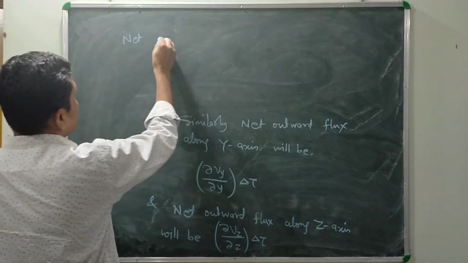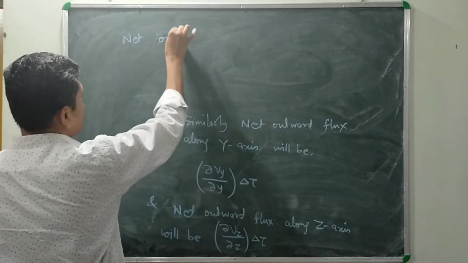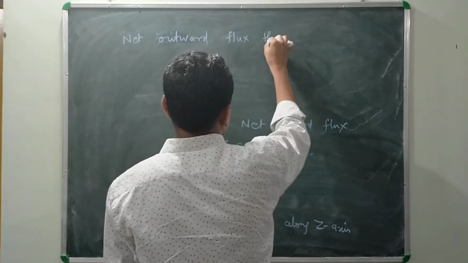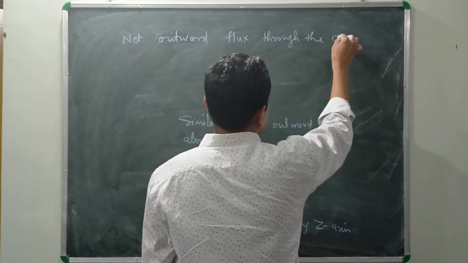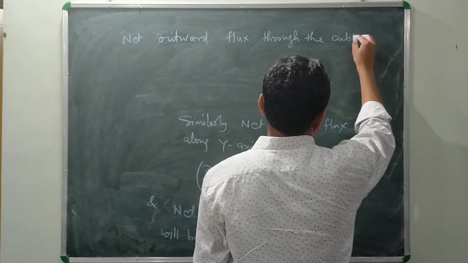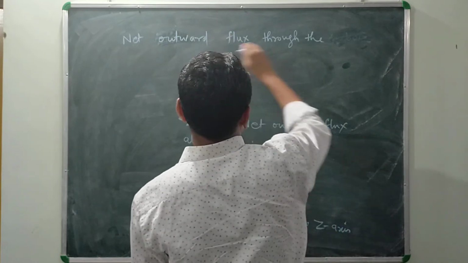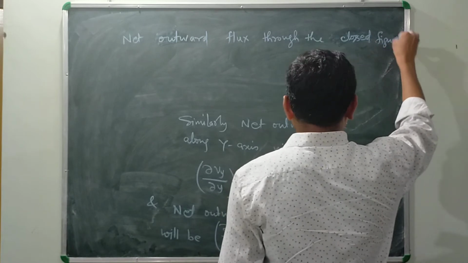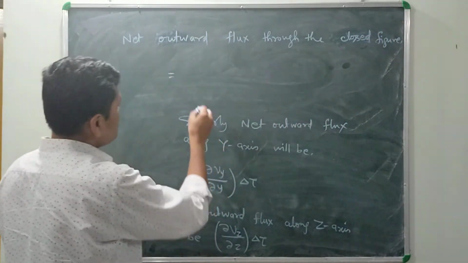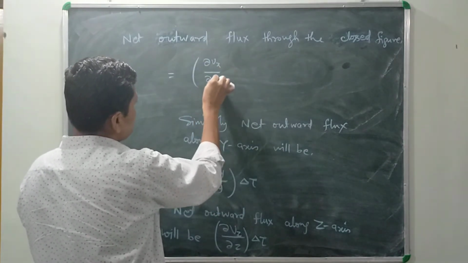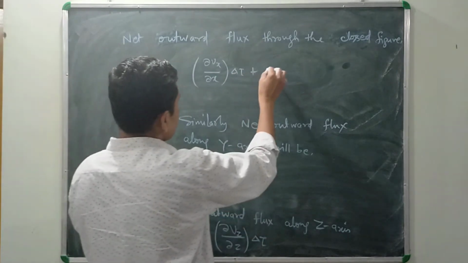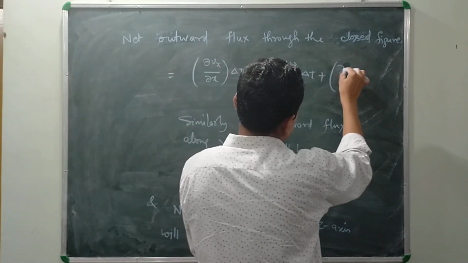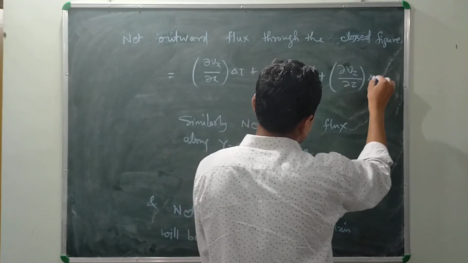Or write it like this: the net outward flux through the closed figure is simply the sum of these three, means ∂Vx/∂x into delta tau plus ∂Vy/∂y into delta tau plus ∂Vz/∂z into delta tau.